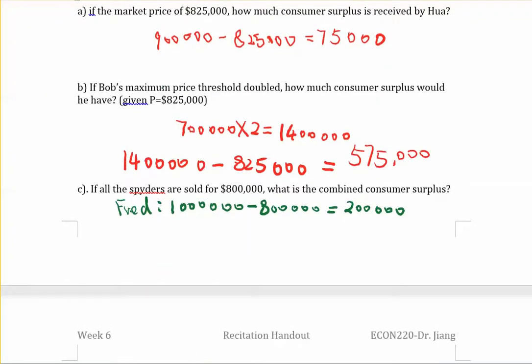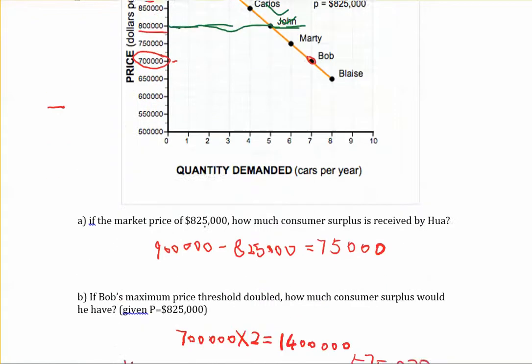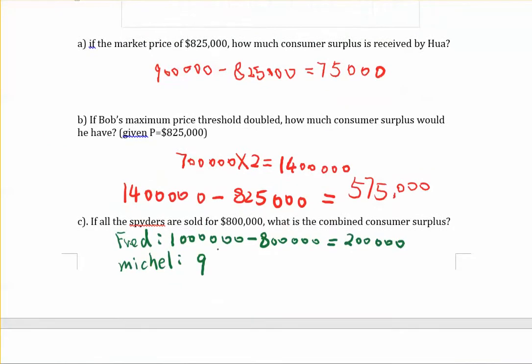So her consumer surplus equals $950,000 minus $800,000, and we get $150,000. So that is Michelle's consumer surplus.